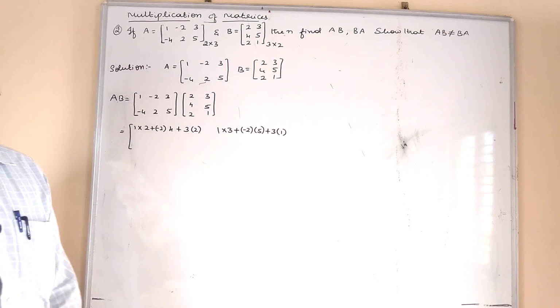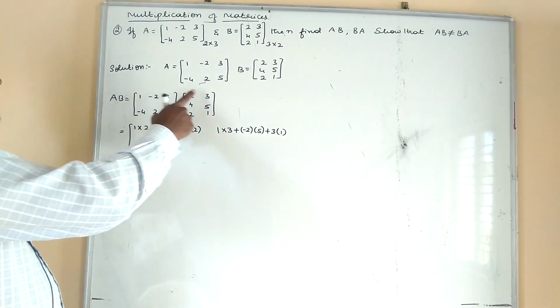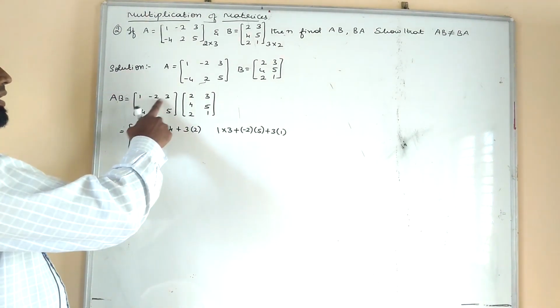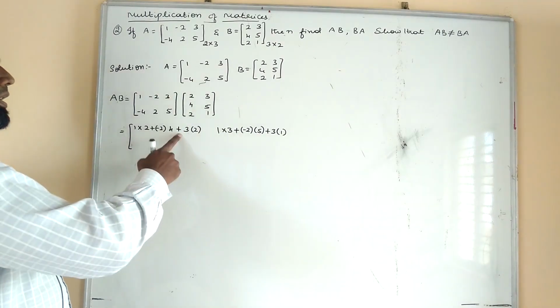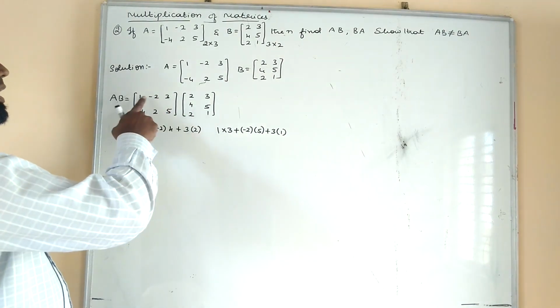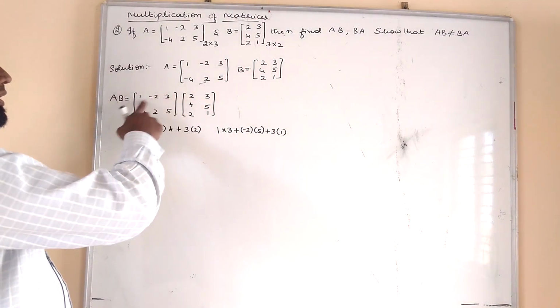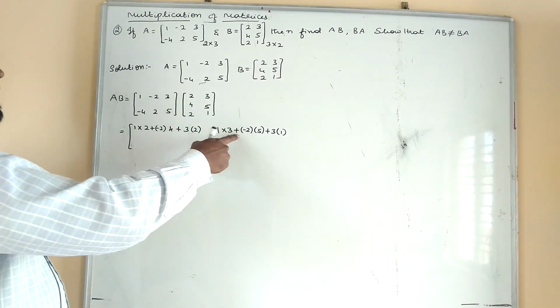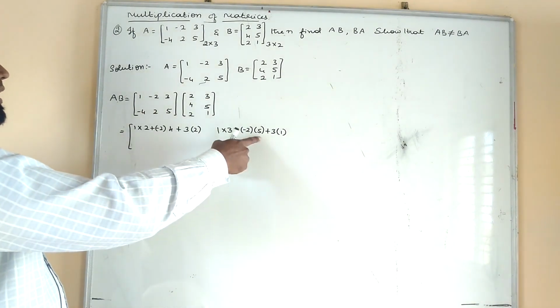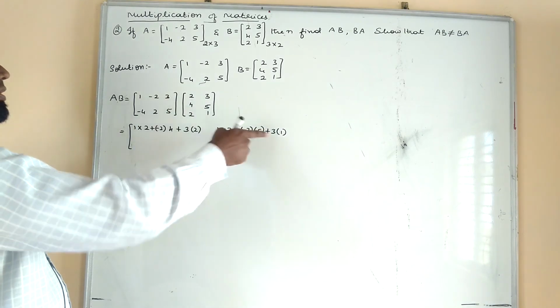We have to multiply carefully. So 1 into 2 plus minus 2 into 4 plus 3 into 2. First row, second column: 1 into 3 plus minus 2 into 5 plus 3 into 1.